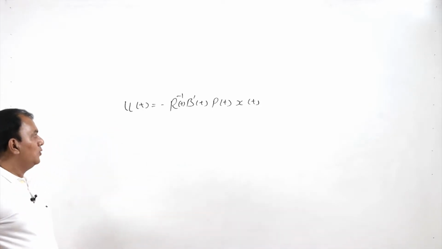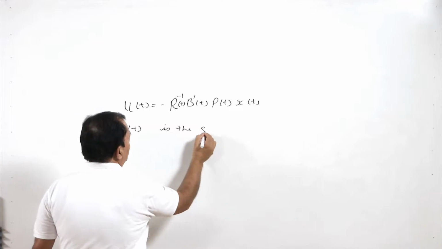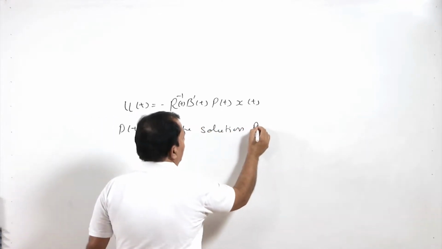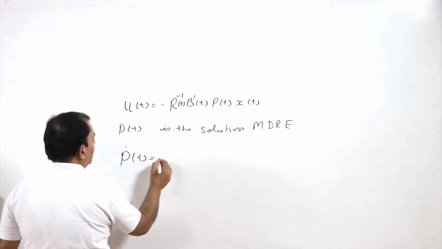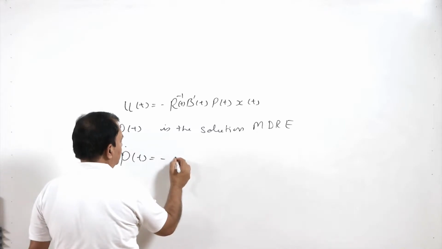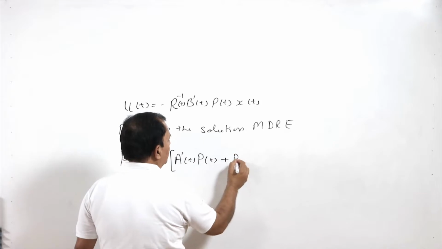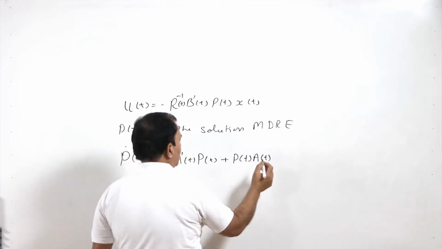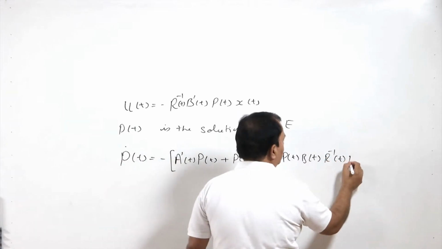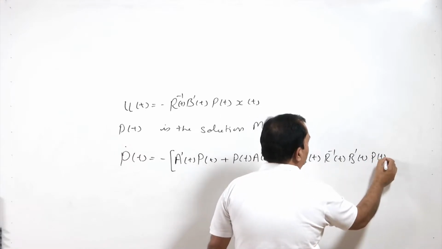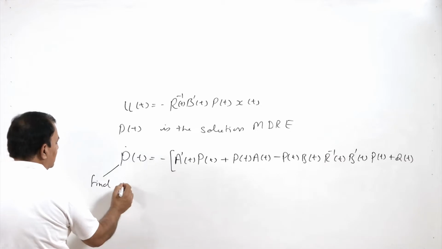In finding u, we have to find P(t), which is the solution of my matrix differential Riccati equation, given as P dot(t) equals minus A transpose P minus P A plus P B R inverse B prime P(t) minus Q(t). So the objective is to find P(t).